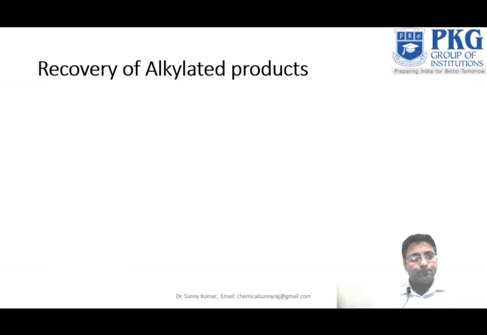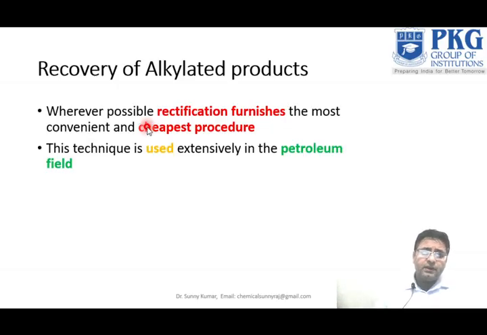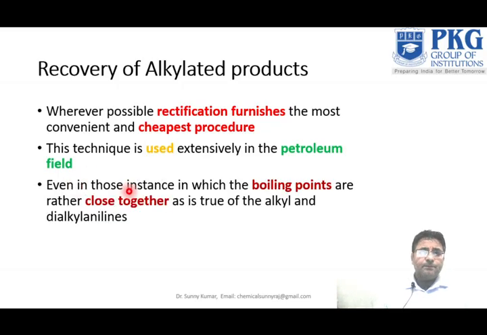So now we will discuss the recovery of the alkylated products. Wherever possible, rectification is the most convenient and cheapest procedure. This technique is used extensively in the petroleum field, even in those instances in which the boiling points are rather close together, as is true of monoalkyl and dialkyl anilines.